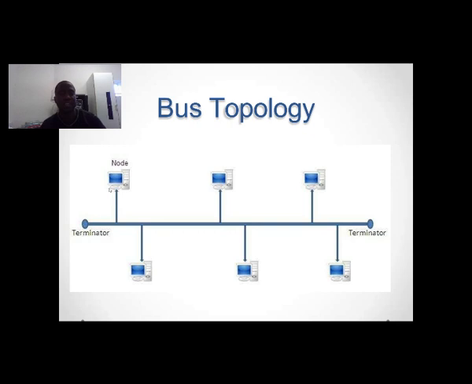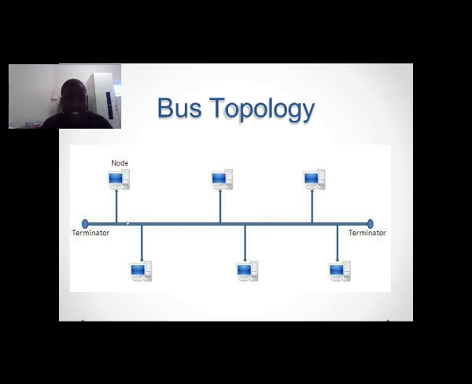So if this computer here wants to transmit data, say to this computer here, the last one, the first and the last one, so this computer will send its contents to the main cable, right? So when this computer has made access to this, it means no other computer can transmit data until that data has been sent.